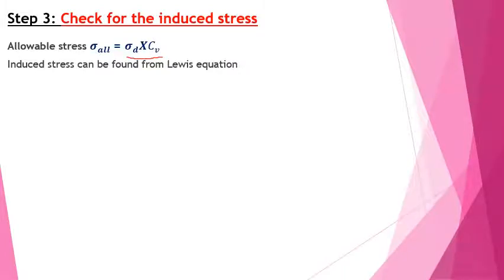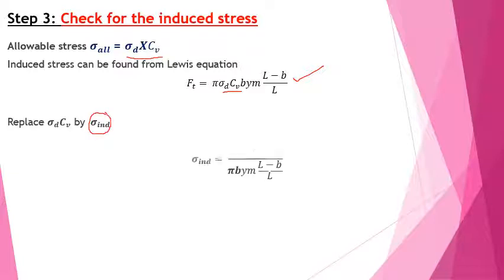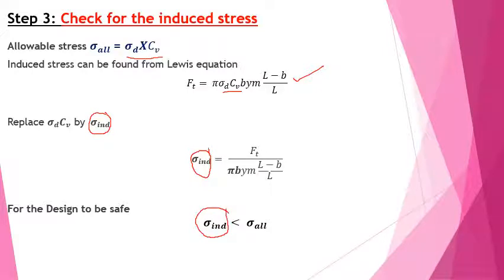The induced stress can be found from the Lewis equation for the bevel gear, this equation, and if we replace the product sigma d into Cv in this Lewis equation by the induced stress, then we can find the actual value of the stress. For the design to be safe, the induced stress should always be less than the permissible stress.